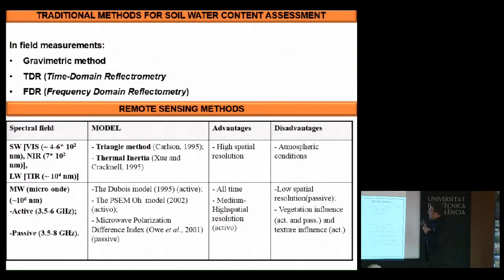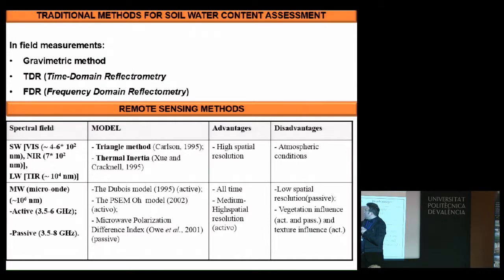Okay, we have several methods for retrieving soil water content. Some use microwaves, active and passive. We are going to put our attention on the ones using thermal and optical images.